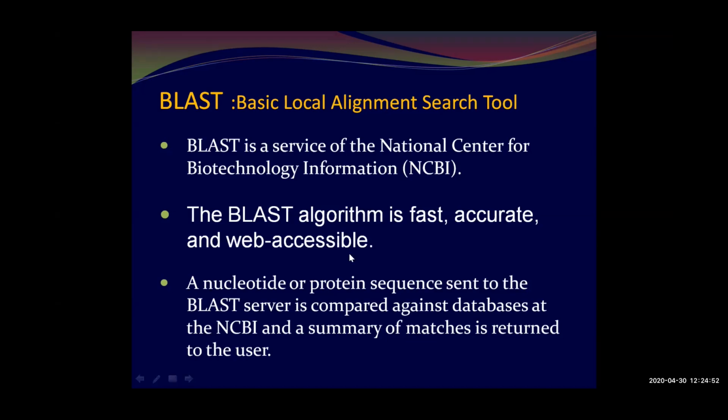It is free of cost, accessible through the internet. A nucleotide or protein sequence sent to the BLAST server is compared against databases at NCBI, and a summary of matches is returned to the user. So you can go for nucleotide BLAST, you can go for protein BLAST. Of course, there are many more varieties of BLAST, which we'll discuss later.